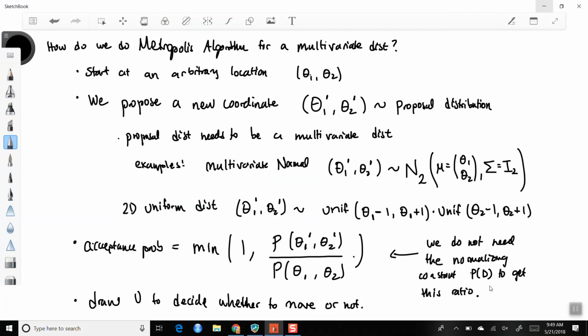Now, in 2 dimensions, you might propose one variable that is a likely value to be accepted, but the other variable is unlikely, so that coordinate will be rejected. And in like 7 dimensions, if any one of those values is really unlikely, then the whole coordinate of 7 points will get rejected.